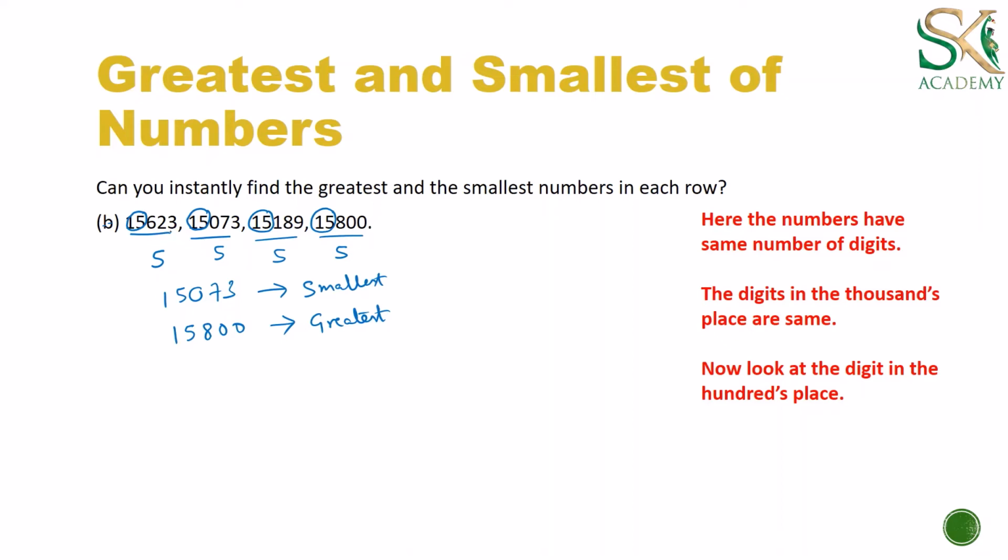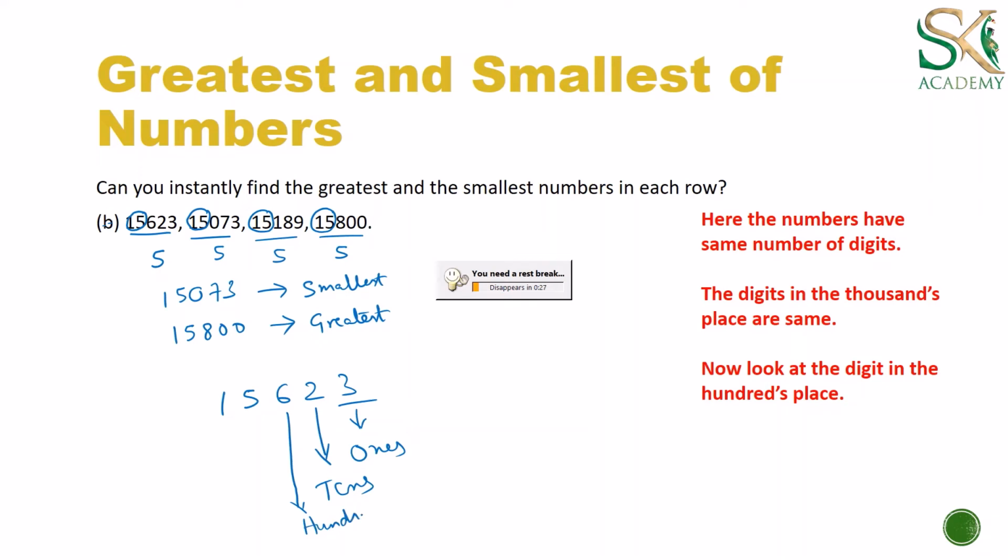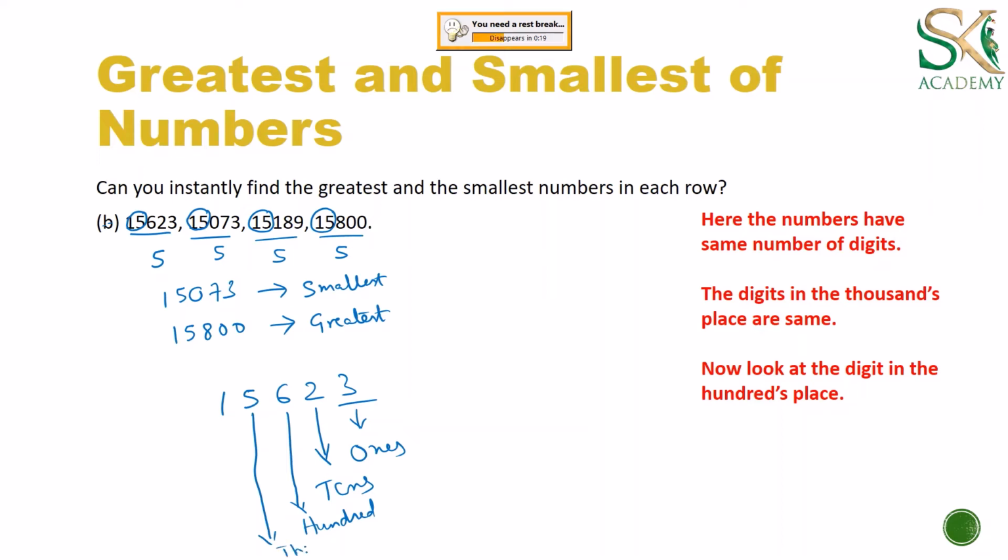For example, if you have 1 5 6 2 3, this is called the ones place, this is called the tens place, this is called the hundreds place, this is called the thousands place, and this is called the 10,000s place.